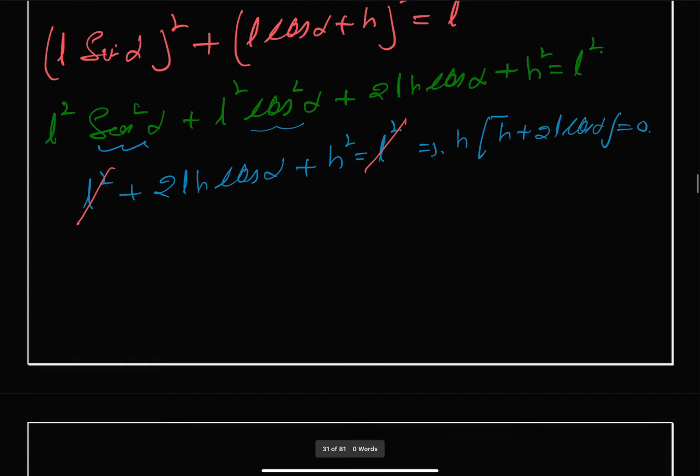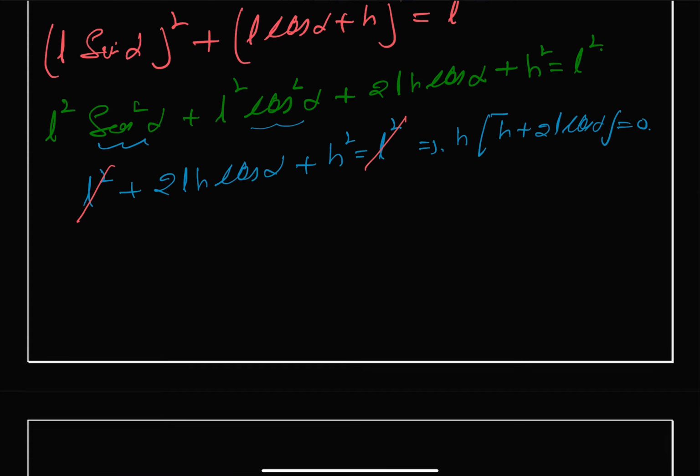Therefore we can say that either our h is equal to 0 or our h is equal to minus 2L cos of alpha.